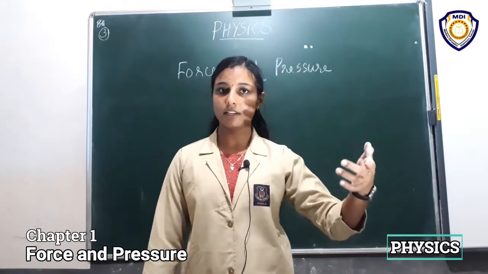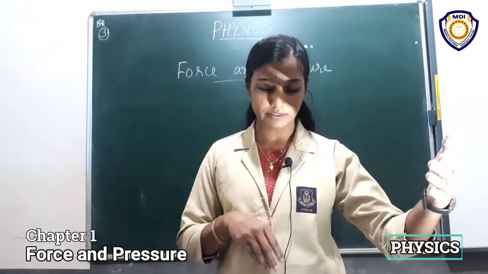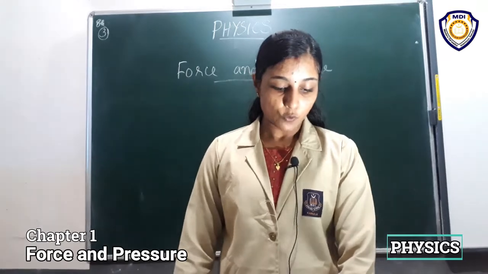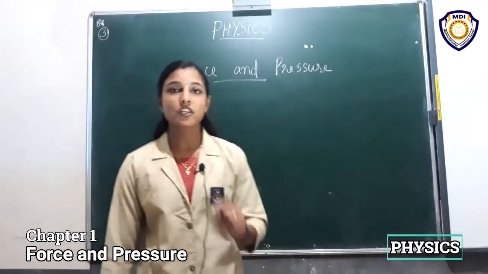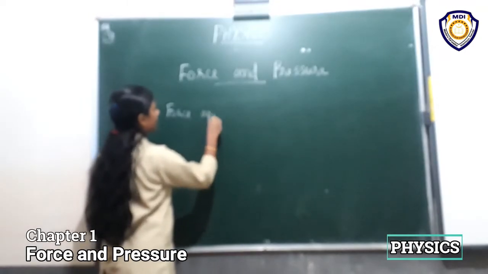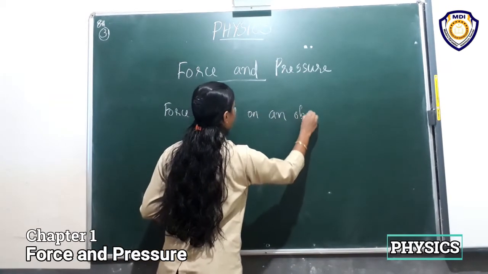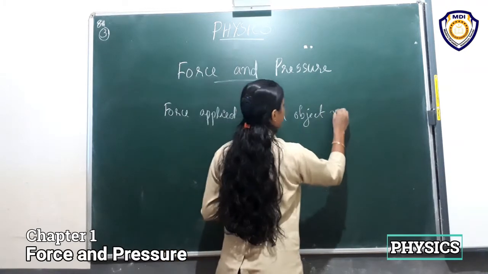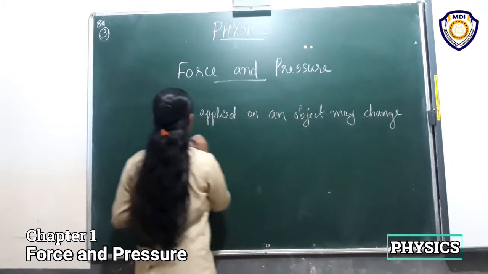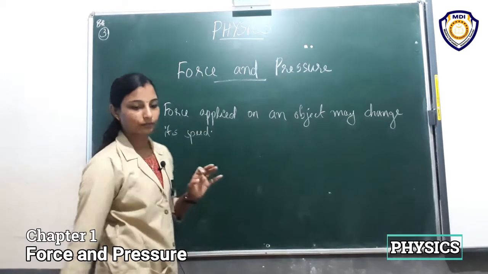We already discussed the observations, as in the case of the football, and these observations suggest, from here you should underline: force applied on an object may change its speed, right?